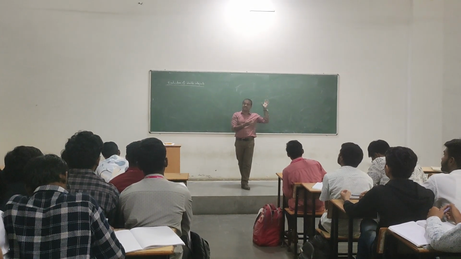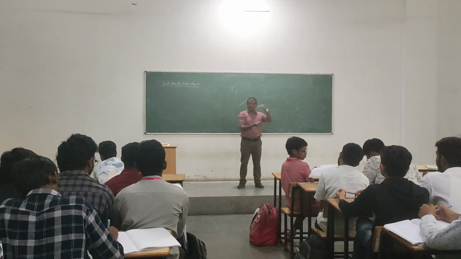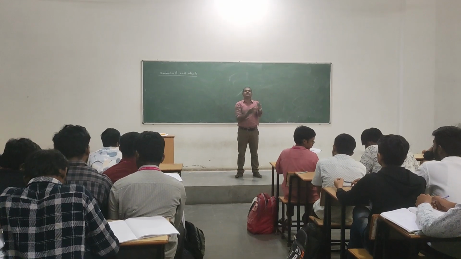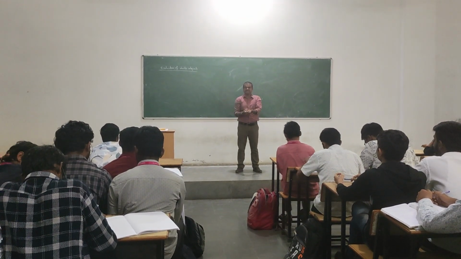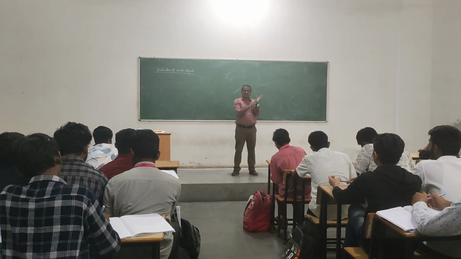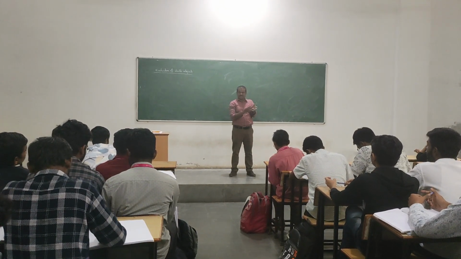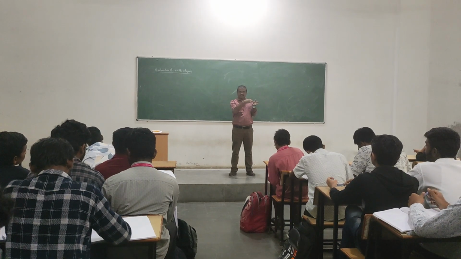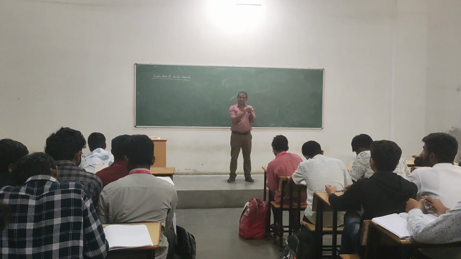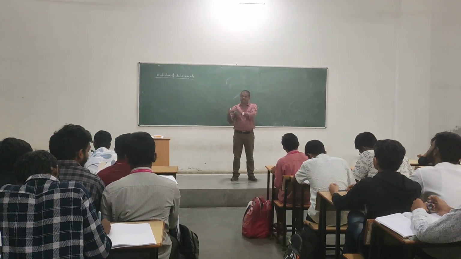The second condition is when the x range is constant and the y range is in terms of a variable, that is, y is in terms of x. In this case, the integration must be done first with respect to y.